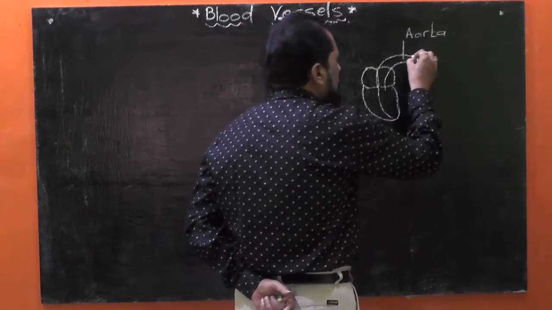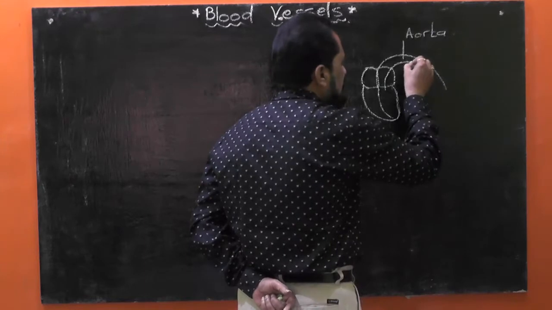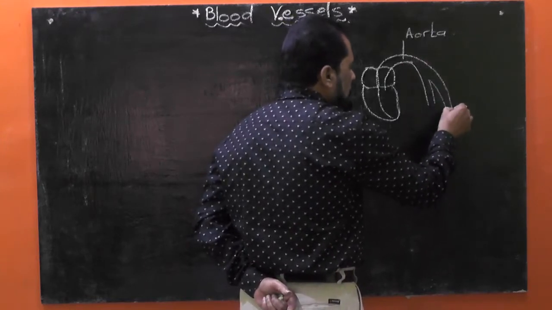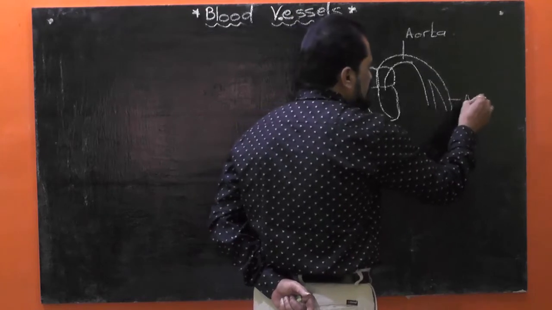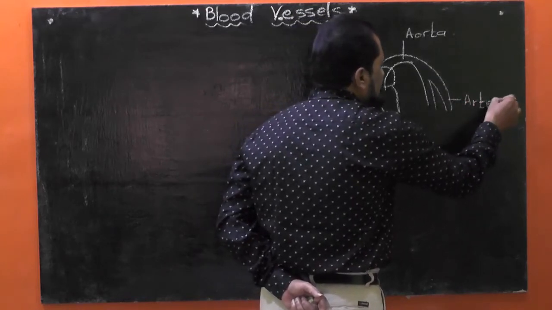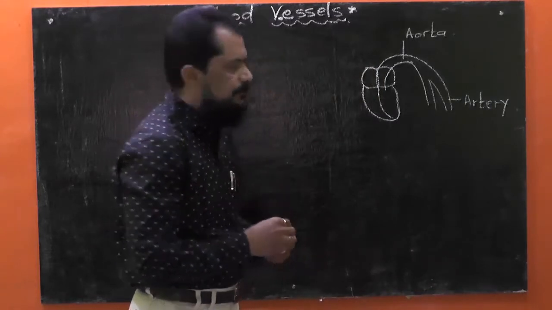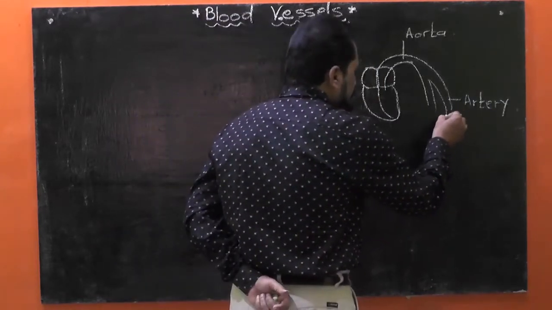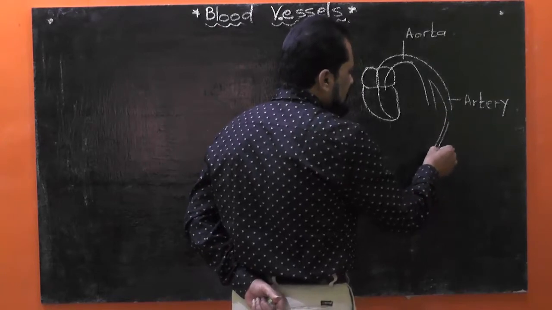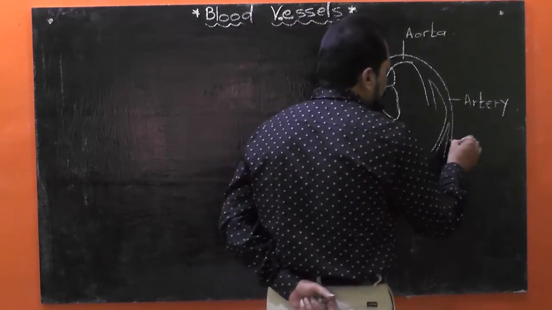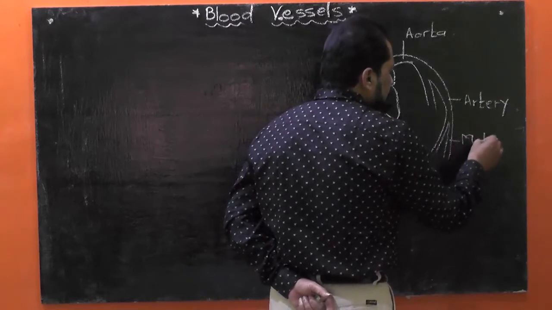Now, this aorta divides into smaller branches known as arteries. It means aorta divides to form artery. Artery divides to form still smaller blood vessels known as meta-arterioles.